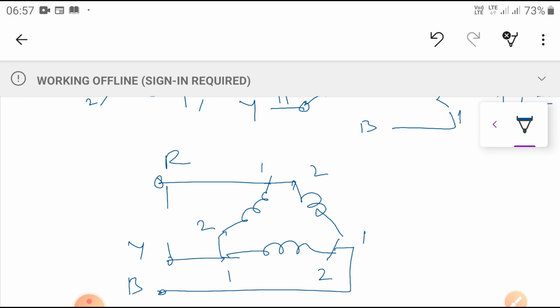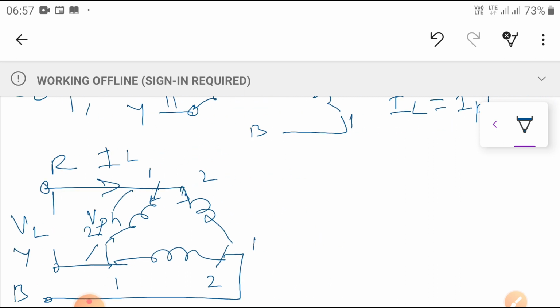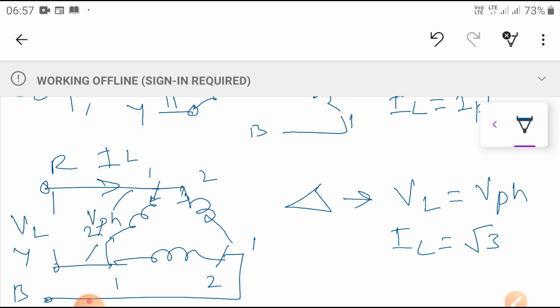Whatever the line voltage is, the same is the phase voltage, but the line current is divided into two phases. So in delta, VL is equal to V phase, but the line current IL is equal to root 3 times the phase current.